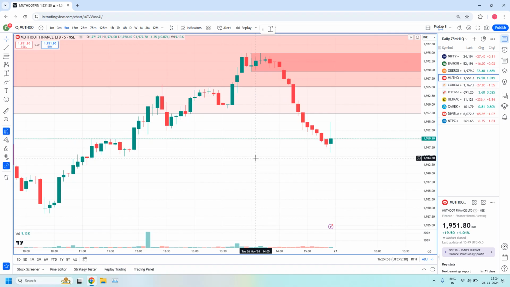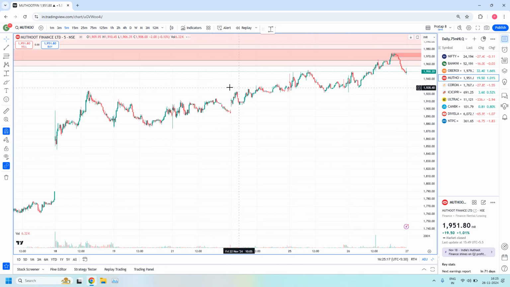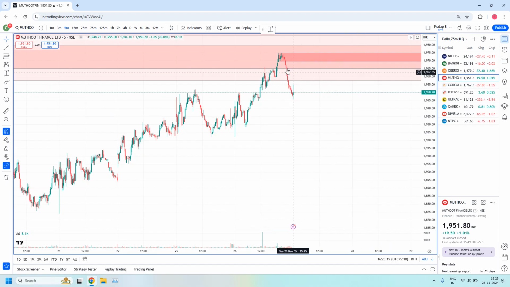Every time you won't get successful trades. When zone structures are not clear, at least 90% of the times zones will be violated. Just because of the 10% success rate, you can't take 90% risk. Okay, anyway, Muthoot Finance, we didn't plan any trade. Next time also definitely we don't plan in this zone.